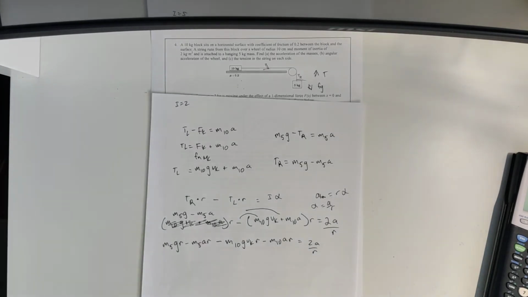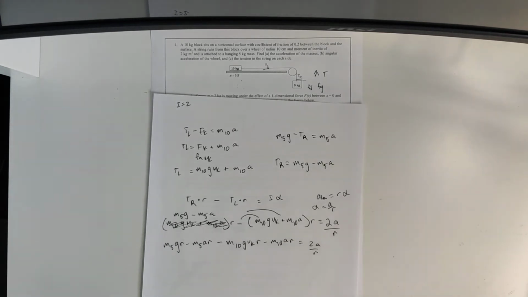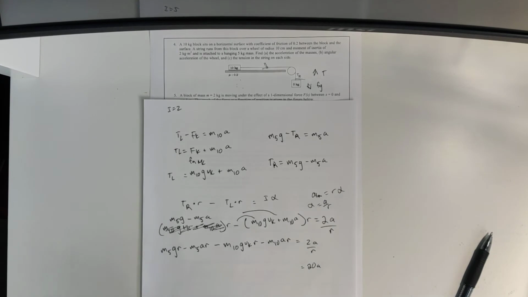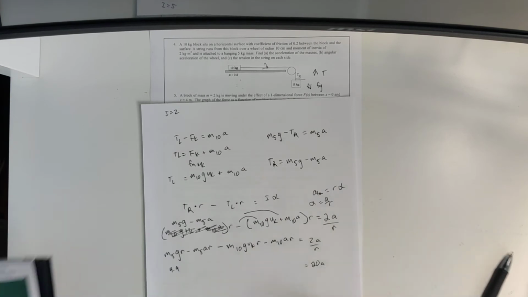So at this point, let's just start plugging in numbers. You know your R, it said it was 10 centimeters. 2 divided by 0.1, that's 20A. I don't even know why I used a calculator for that. That's equal to, let's start from left to right: 5 times 9.8 times 0.1 equals 4.9.